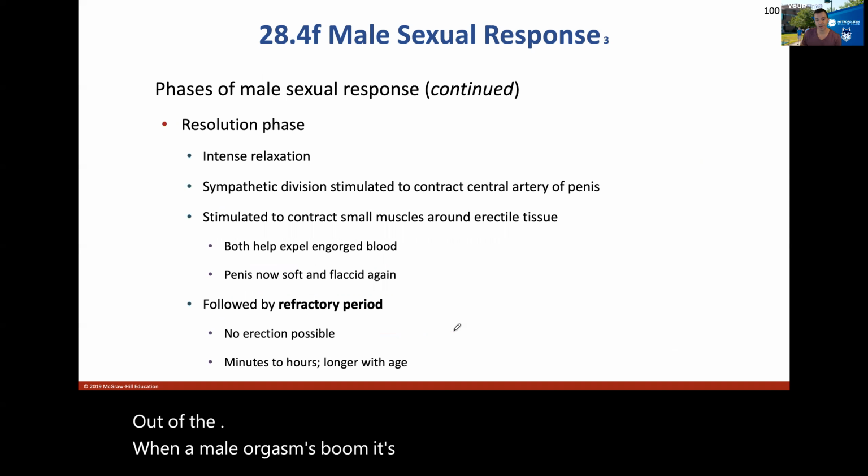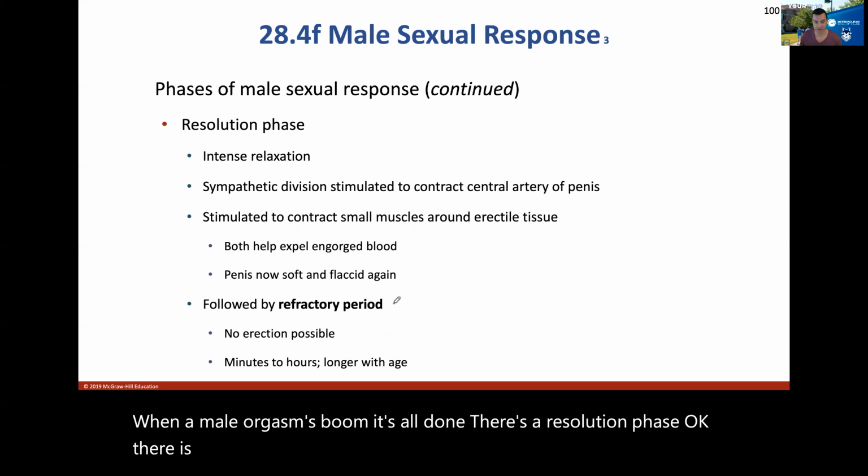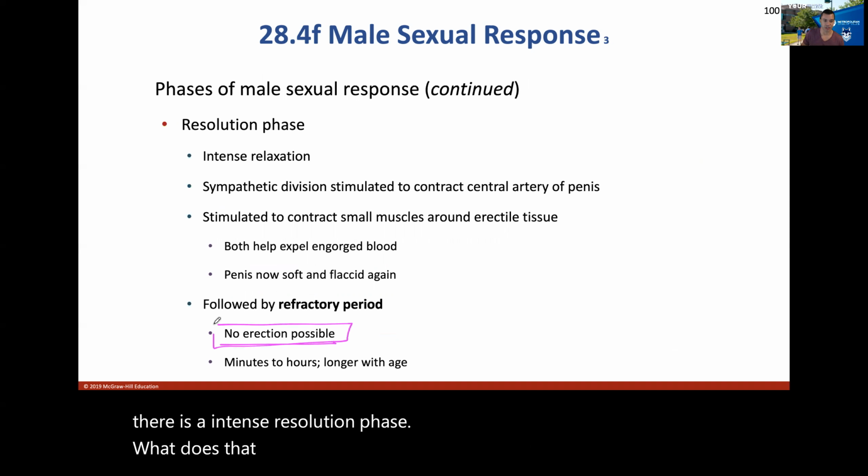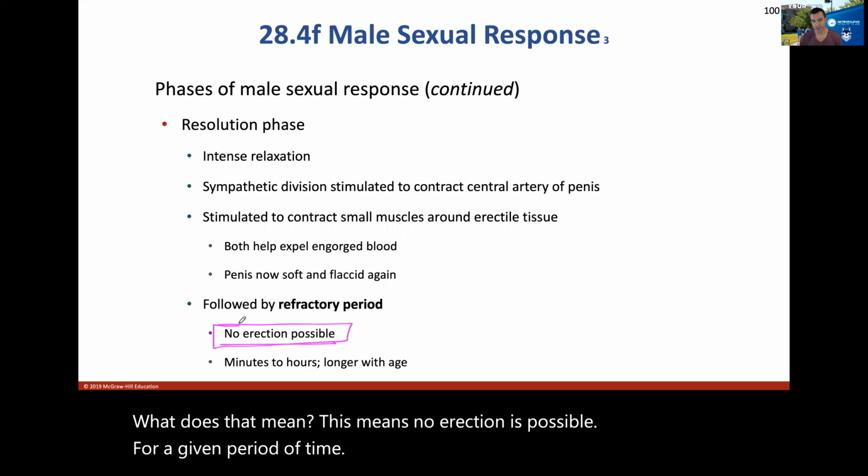There's a resolution phase, okay? There is an intense resolution phase, okay? What does that mean? This means no erection is possible for a given period of time. Every guy is different, okay?